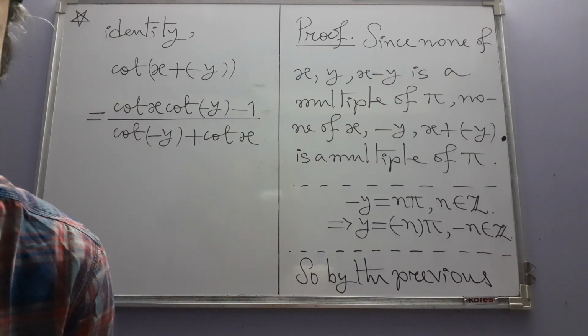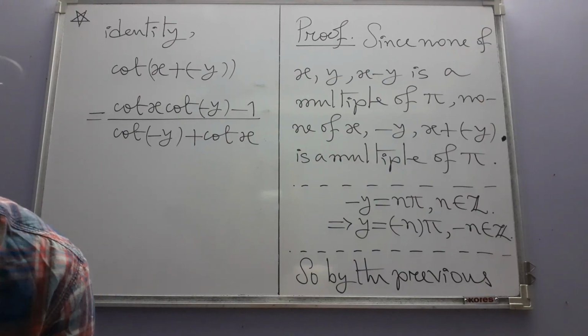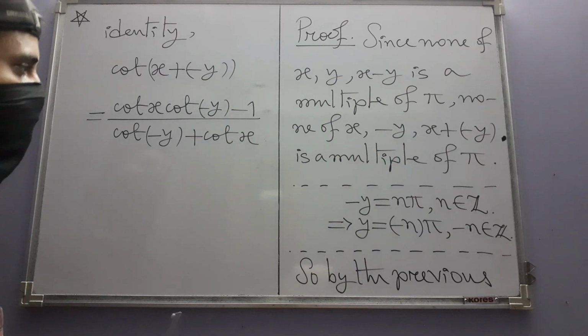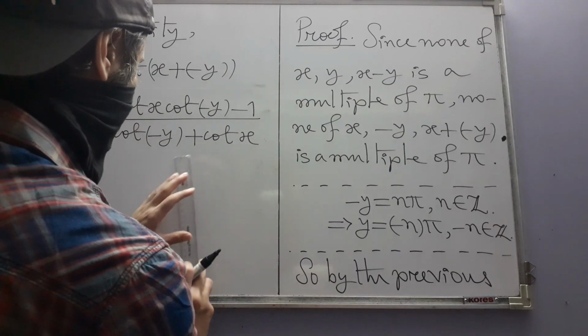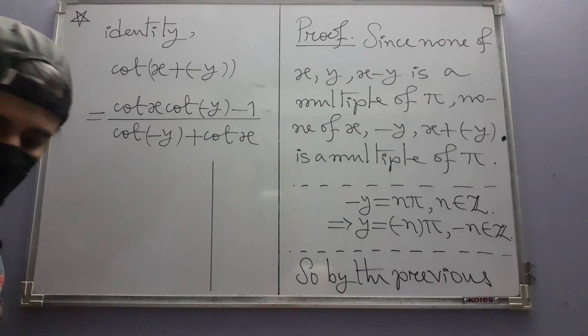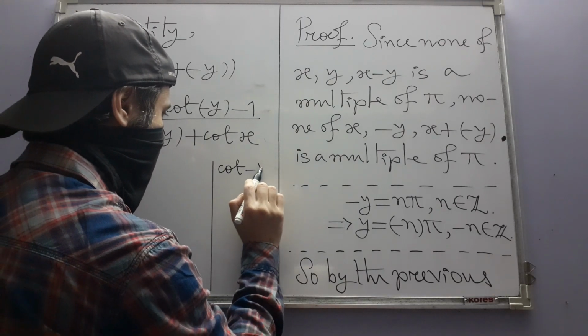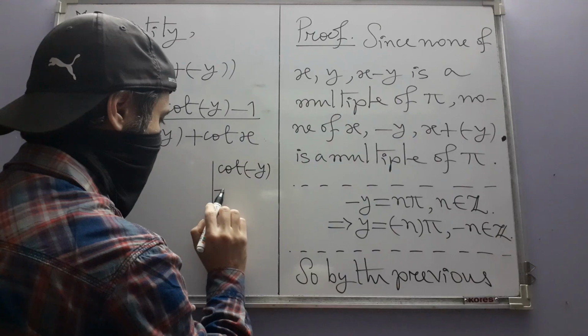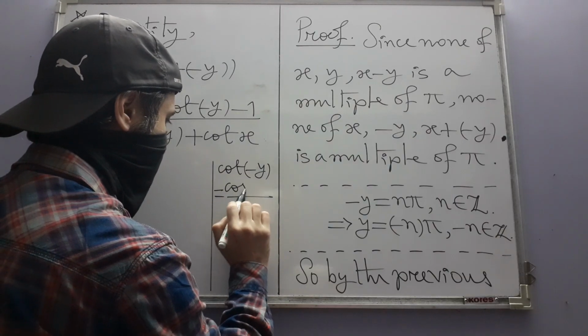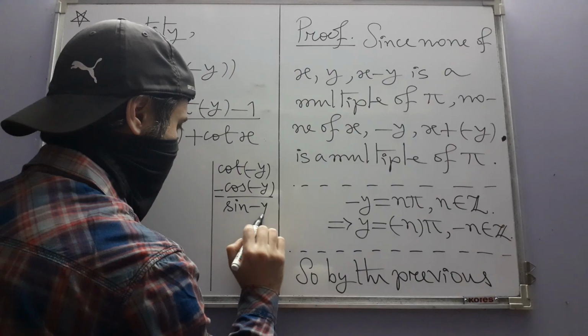Actually, minus y will come outside, just like sin minus x is minus sin x, cot minus y is minus cot y. To see this, you go back to the definition of cot. Cot minus y is cos minus y divided by sin minus y.